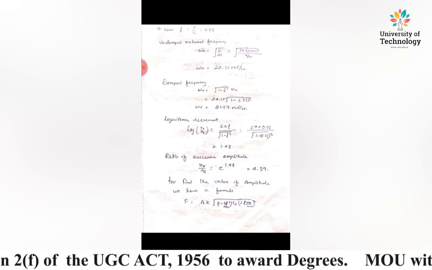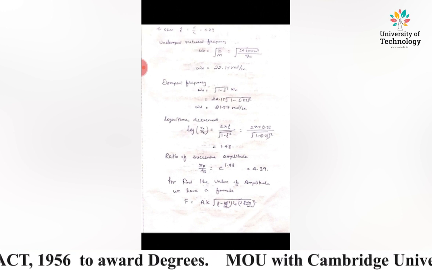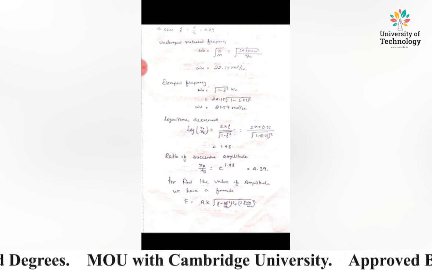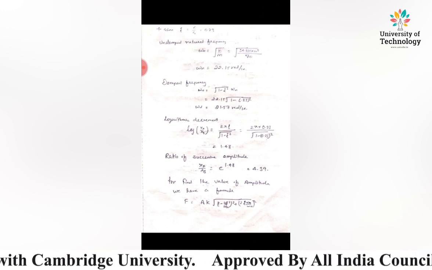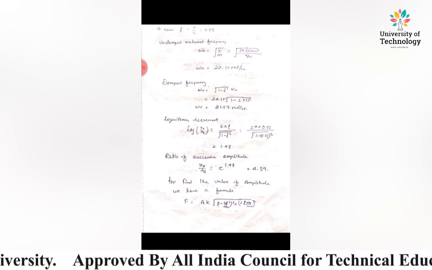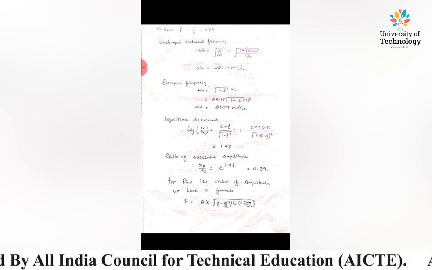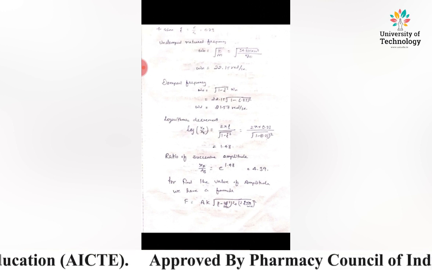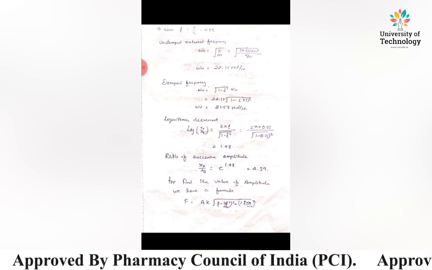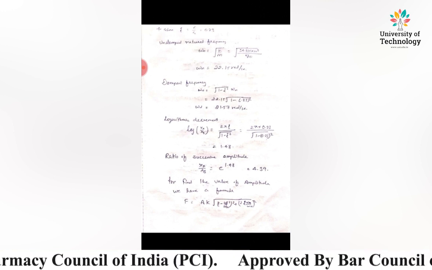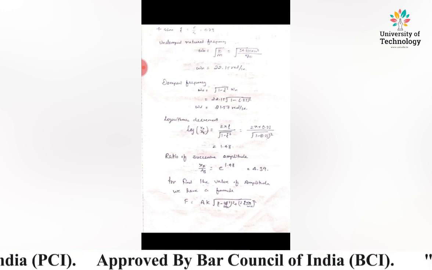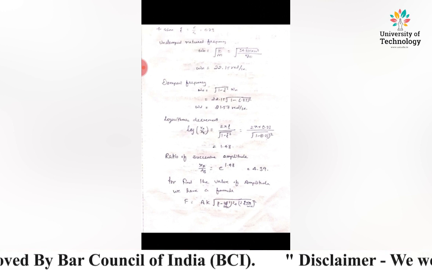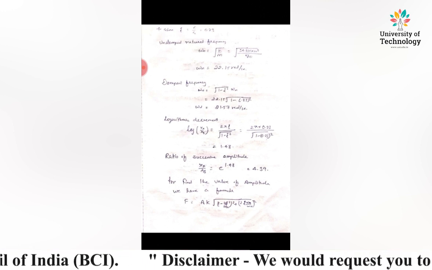If you find the value of amplitude, then we have the formula of force, that is equal to ak root of 1 minus omega by omega n square, that whole square, plus 2 zeta omega by omega n whole square.